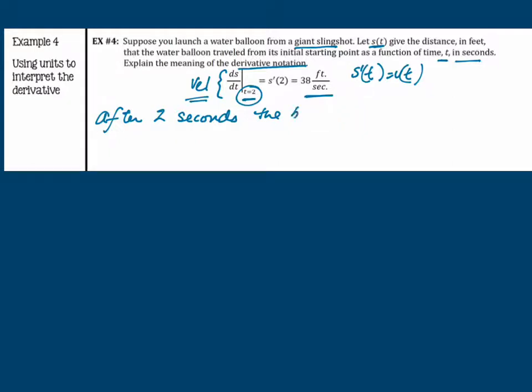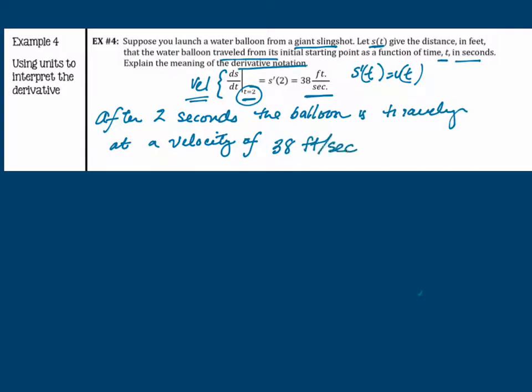The balloon is traveling at a velocity of 38 feet per second, because they give us that. So if it's the rate of change of distance over time, that's going to be the velocity. You know that one. You can't just say the rate of change of distance over time. You have to say, okay, I know that's velocity.